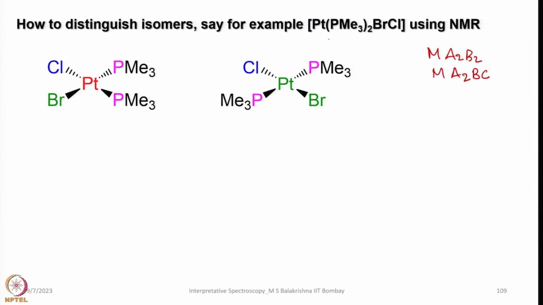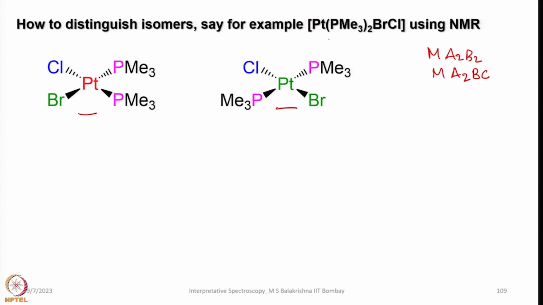When you look into isomerization, two types of isomers are possible, one is cis, one is trans. Then how to distinguish them? For example, I have made these compounds in a particular reaction. In that one, I do not know which isomer I got, or I must have got both the isomers. Then how to interpret the data?